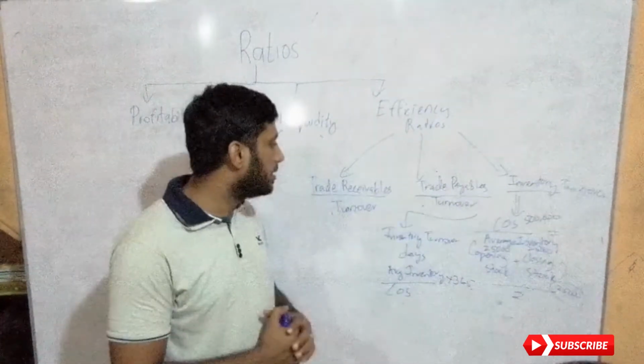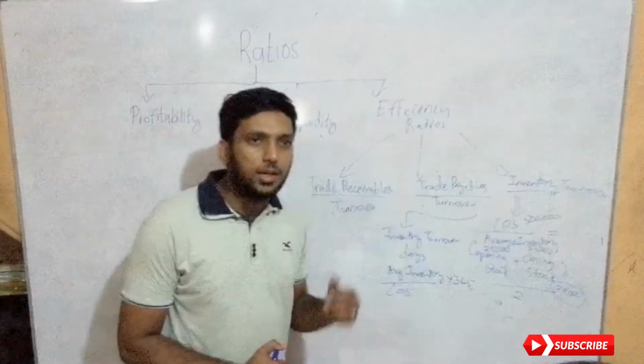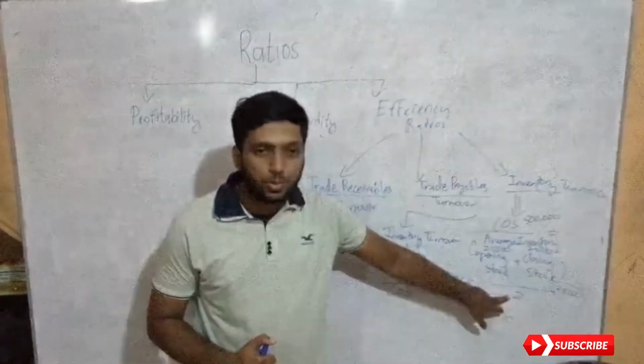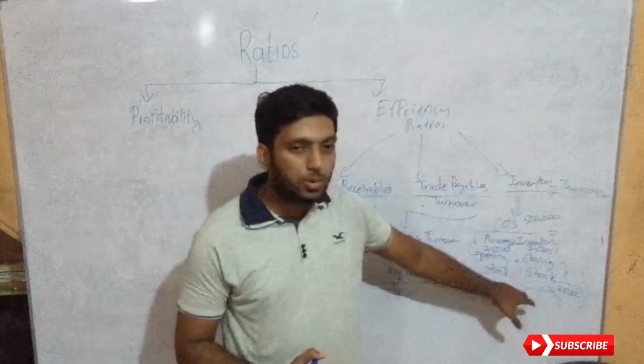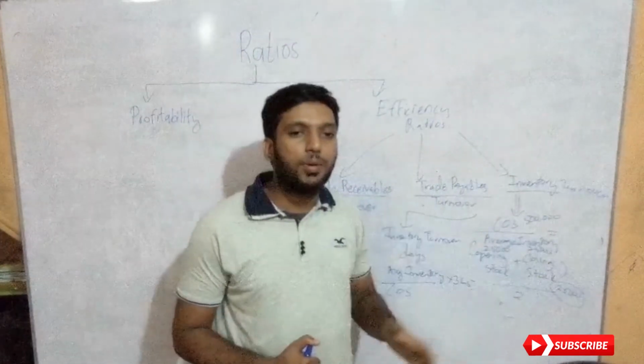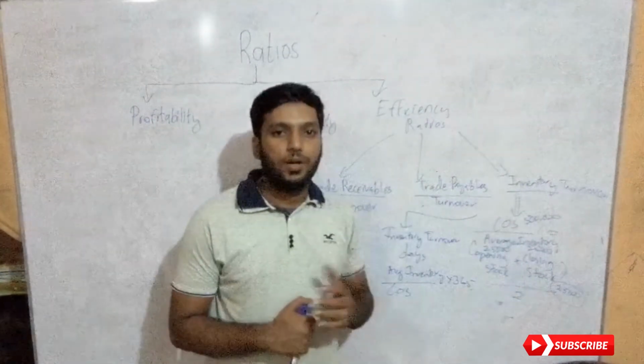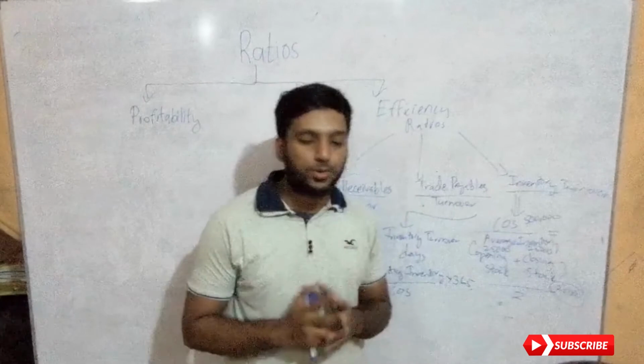I can't remember whether I divided by 2 in trade receivables turnover and trade payables turnover, but remember to use this 2. If you have opening inventory and closing inventory, add them and divide by 2, get the answer, then divide the up value. So I hope you understood all these ratios properly.